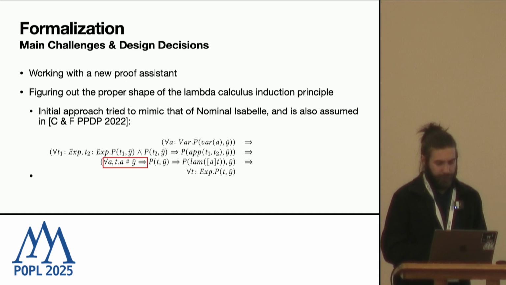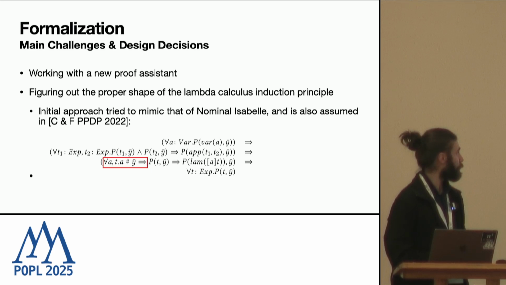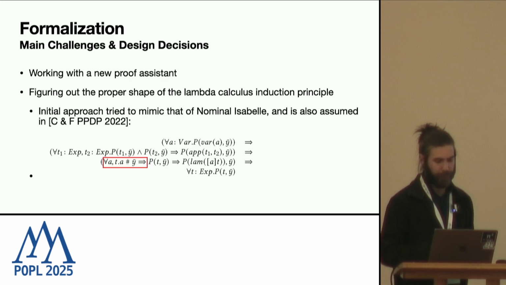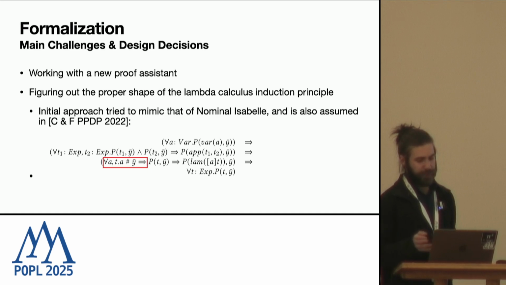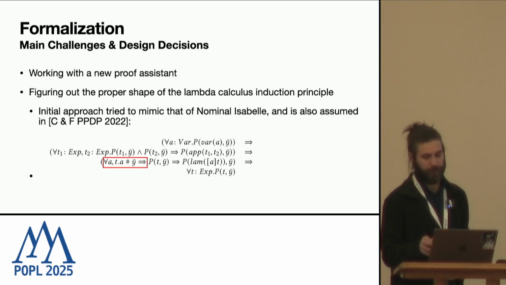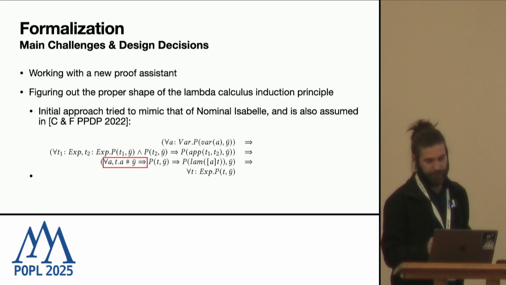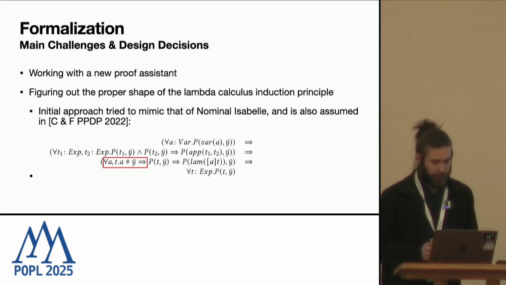Another technical challenge was figuring out exactly what we want the induction principle for lambda calculus to look like. If you look at the earlier paper, and also if you look at the formalization of nominal logic in Nominal Isabelle, you will see that the induction principle for lambda calculus is a little bit different. One of the key differences, and this is what we started off trying to implement, but we ran into some issues, is in this requirement here in the third antecedent of the induction principle.